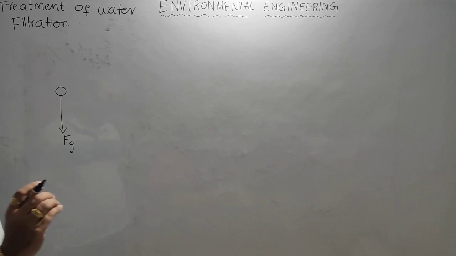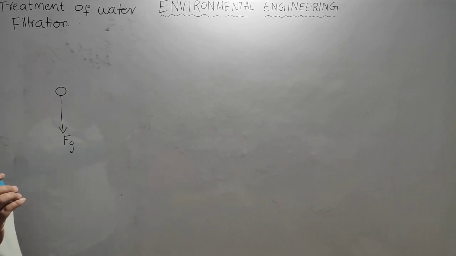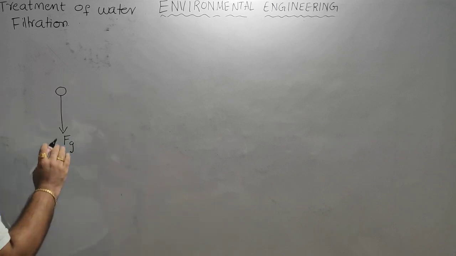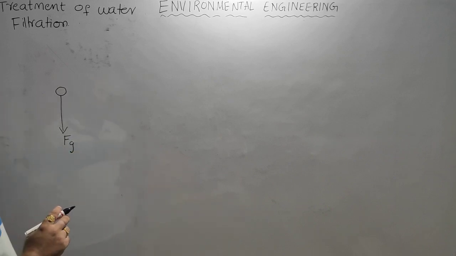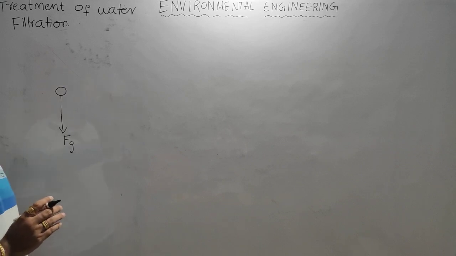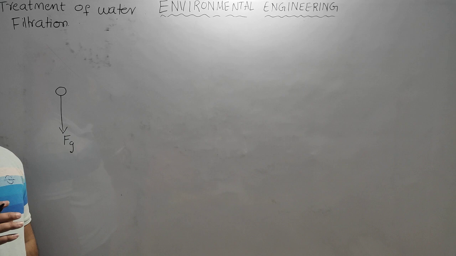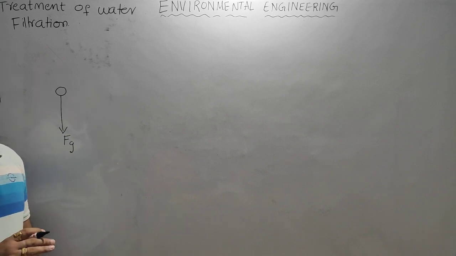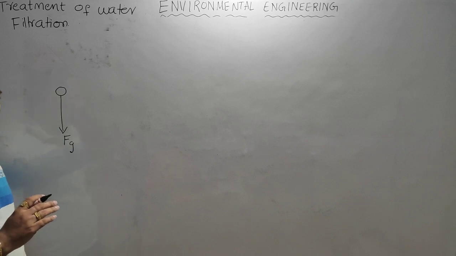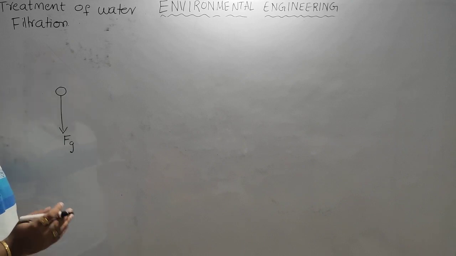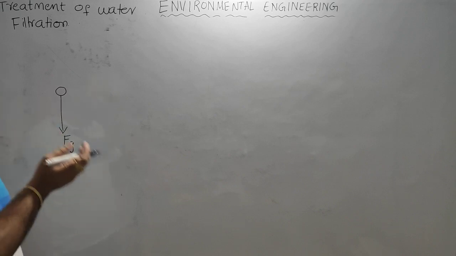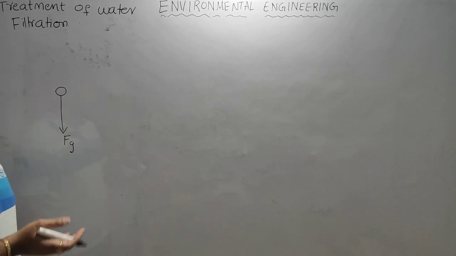For a while we will discuss this matter in terms of fluid mechanics, because we want the filter media to be hydraulically stable. Here we are dealing with water, right? During the backwashing we are sending water with very high velocity or high pressure.